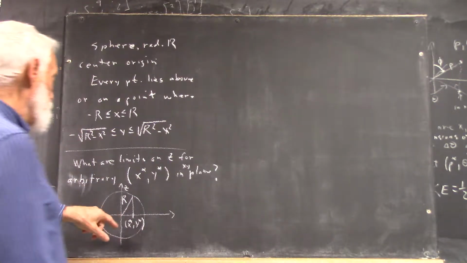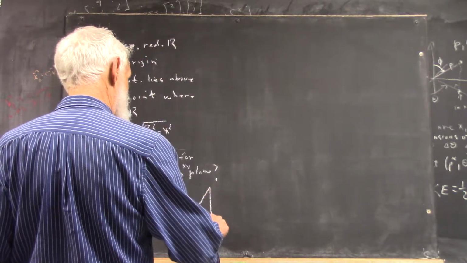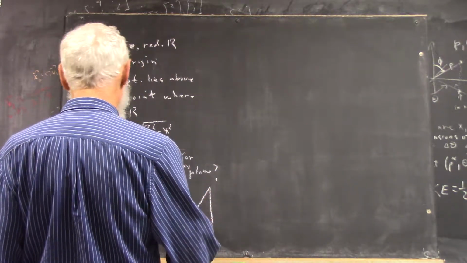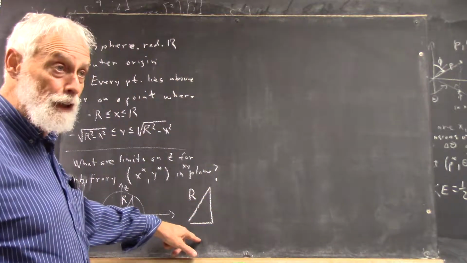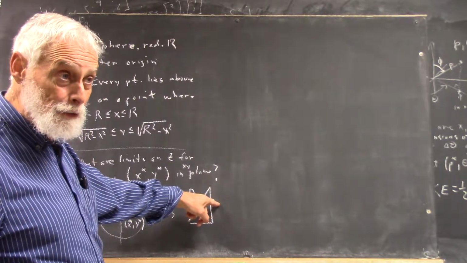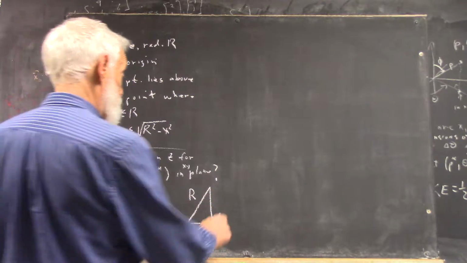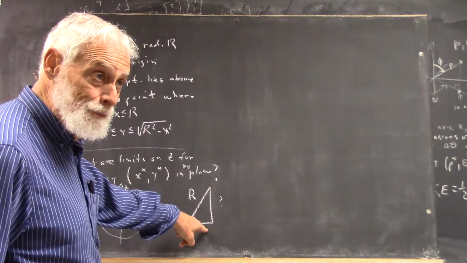Okay, so we take this triangle here, draw it a little bigger, and say, okay, let's see, this is R. Now we need one of these legs. Clearly we don't know this one, that's what we're trying to find. So this is what we're trying to find, and we have to know this leg.